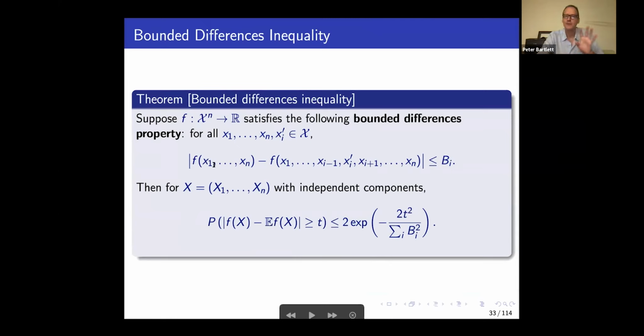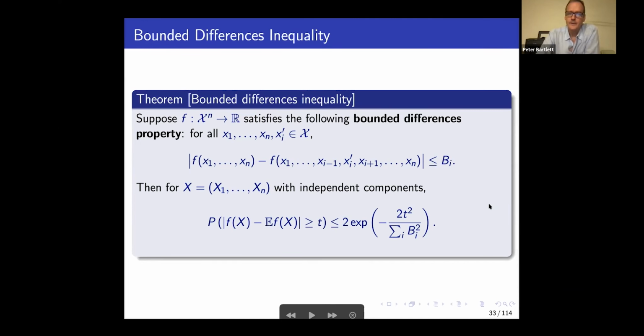It's not any properties of the independent data that goes into it. So we don't need anything beyond the independence of these, but we do need that no matter what those inputs are, if we change one of them arbitrarily, we've got a very limited impact on the change to the function. That's the crucial property that we need there.